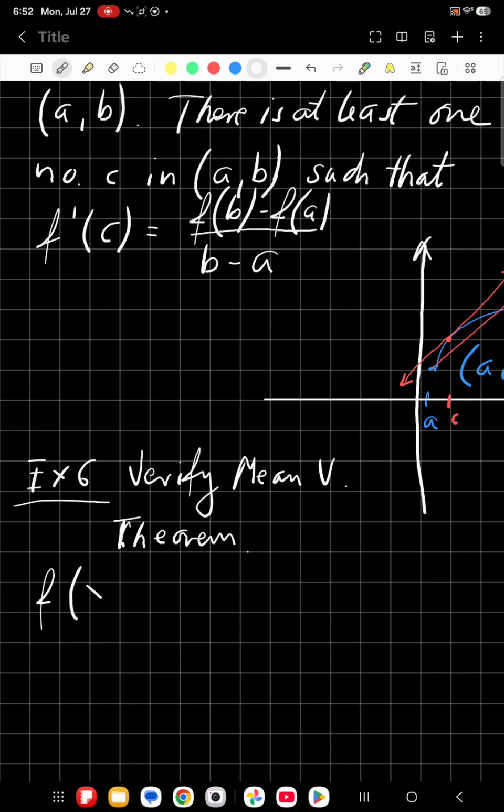So the function is 5 minus 4 over x. Let me rewrite it here. It's 5 minus 4 times x to the negative first power. And the interval we're given here is from 1 to 4.